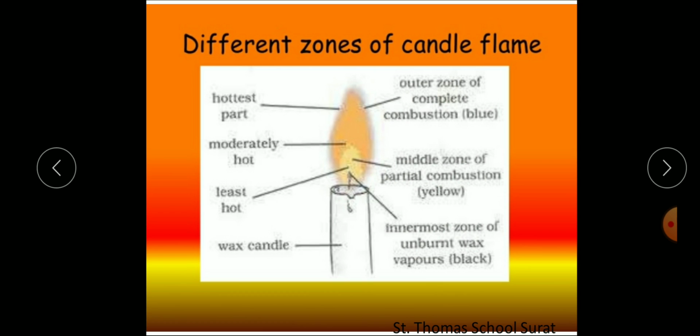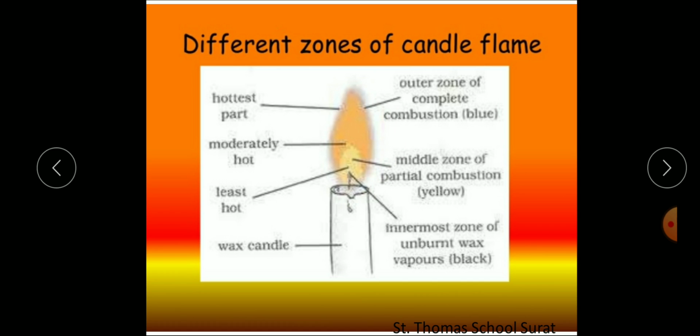You can see outer zone of this candle flame. Complete combustion is taking place. And here outer surface, in this figure you are not able to see the color, but when you see the outermost color of this flame, it is blue in color.